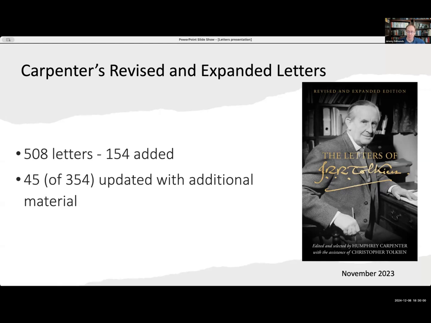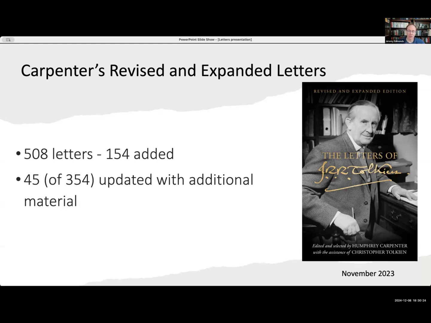A lot of people have wondered why they chose these letters and why the additional material was pulled in. This book is actually the original draft that Humphrey Carpenter and Christopher Tolkien had put together for the book, and they submitted it to George Allen and Unwin for publishing, and were told it was too long and needed to be trimmed back.